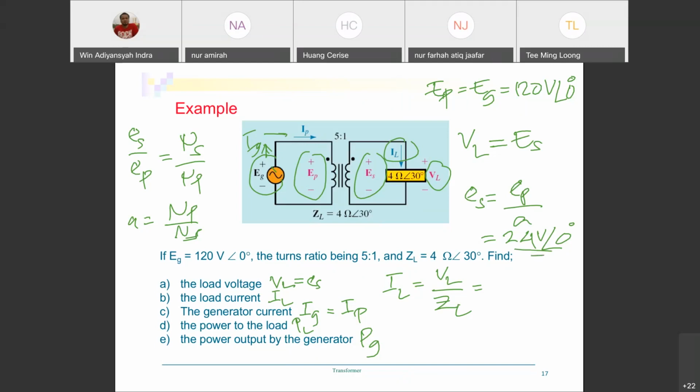So VL is 24 at 0 degree, ZL is 4 at 30 degree.